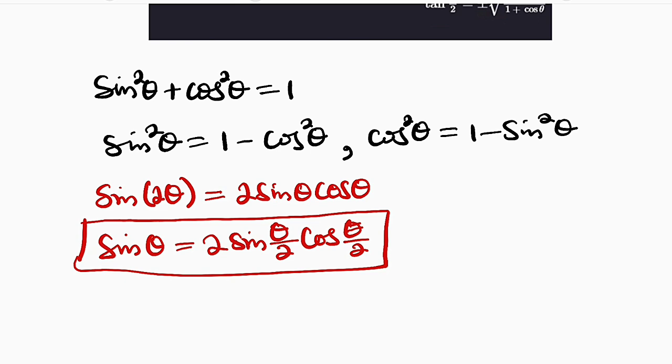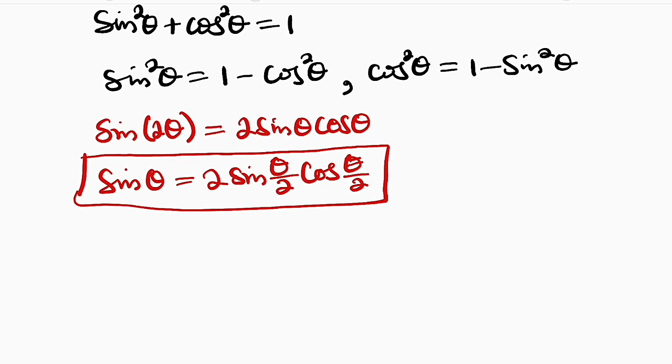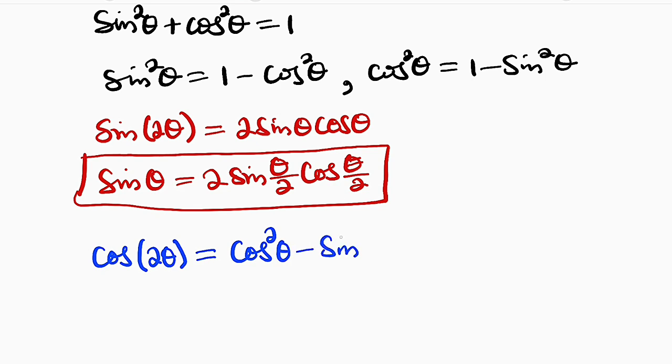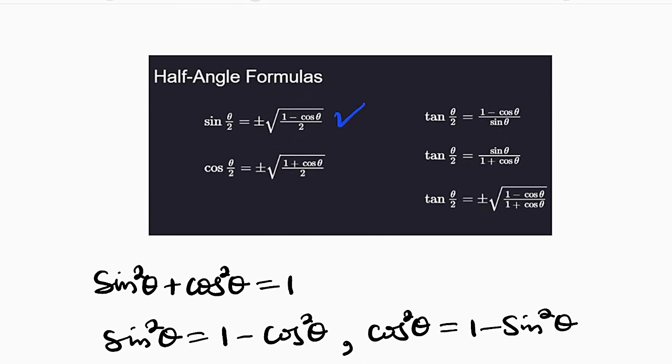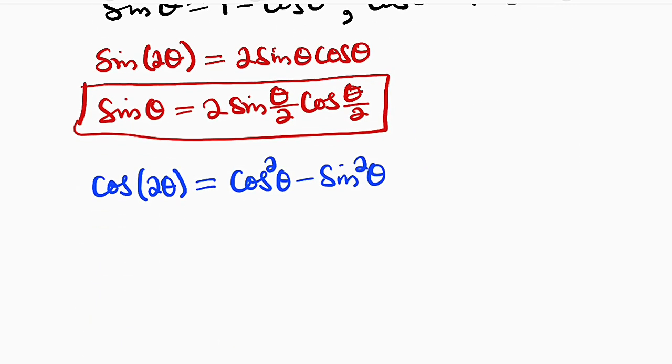Then you should also remember about our double angle for cosine, which stated that cosine of 2 theta is equal to what? Cosine squared theta minus sine squared theta. So I would like to derive this one first, the half angle formula for sine.